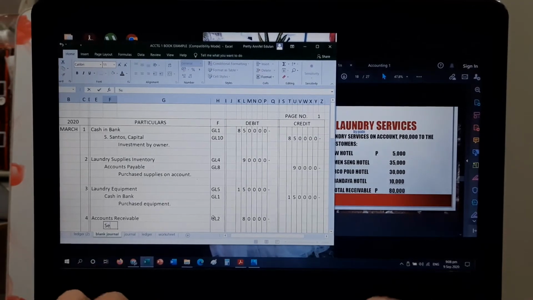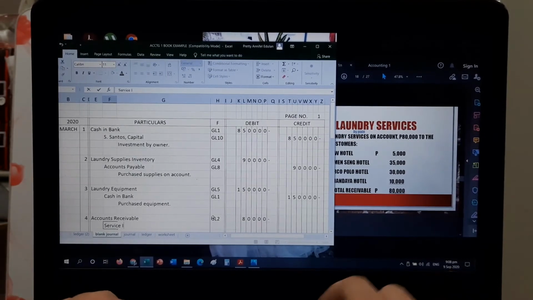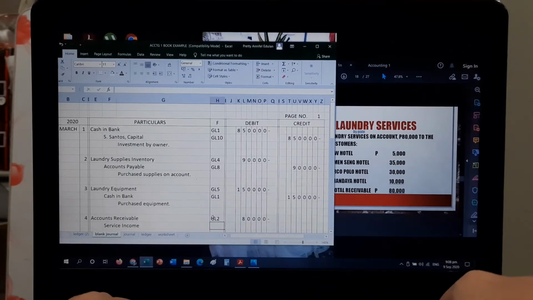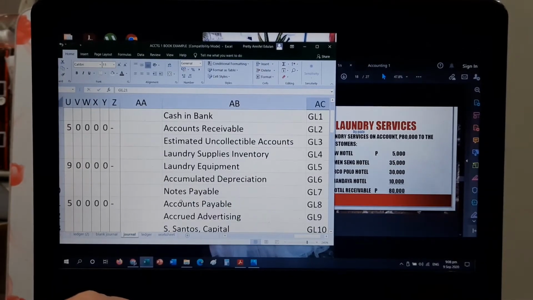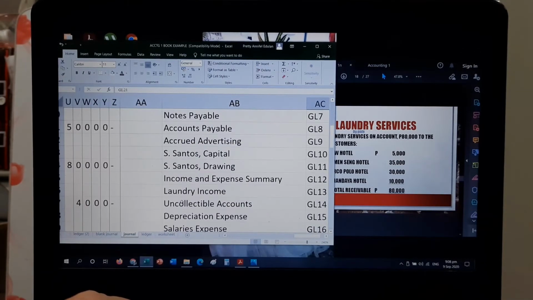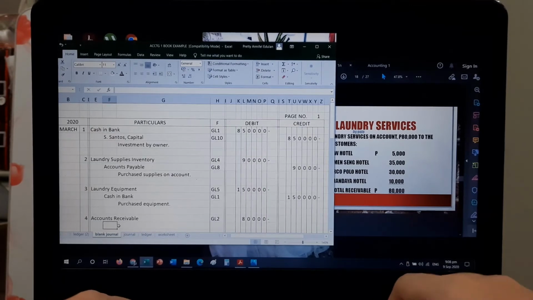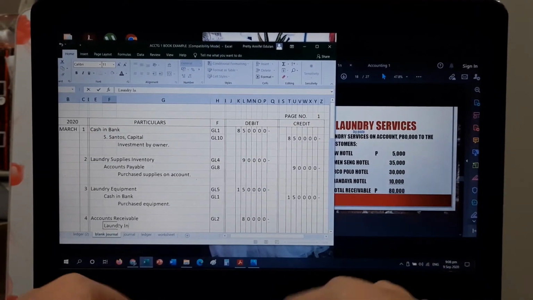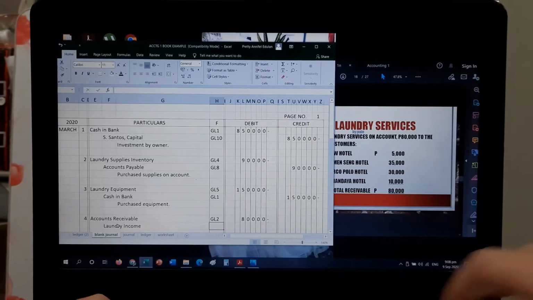But what is our credit? What did we forgo? Our services. So the proper account title every time we render service, no, it's not service income. Let's go back to our chart of accounts. The proper account title is, wait, that is laundry income. Since we have a chart of accounts, we must be consistent, so you must follow that.